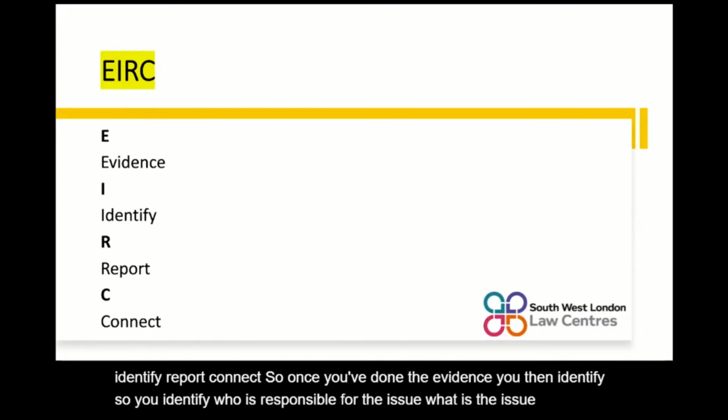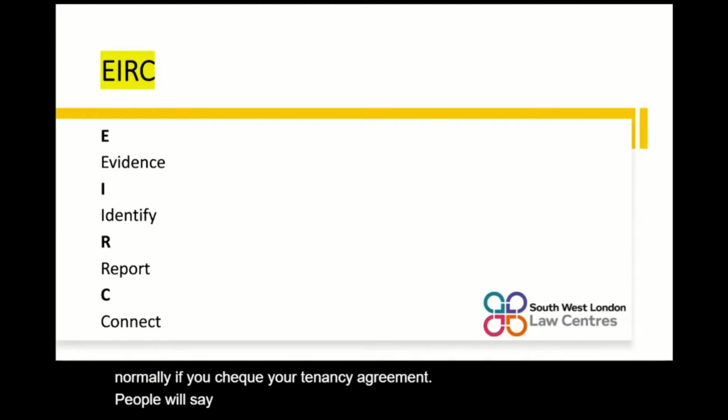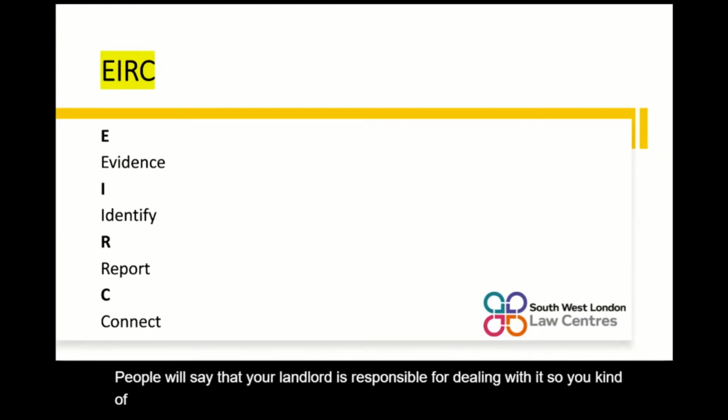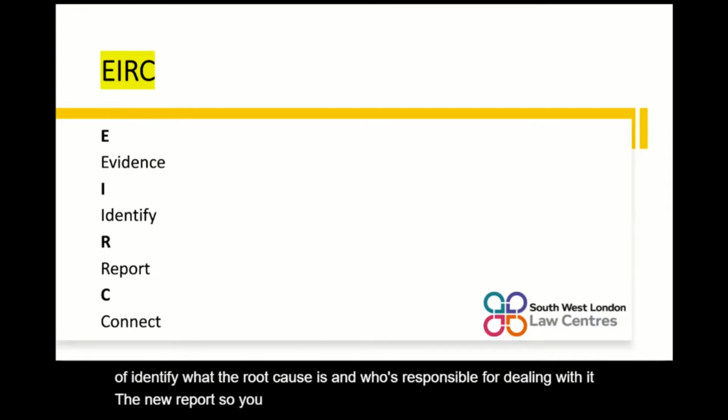If there's a leak in the ceiling, who's responsible for dealing with that? Normally if you check your tenancy agreement, it will say that your landlord is responsible. So you identify what the root cause is and who's responsible. Then you report to the person that is responsible for dealing with it.